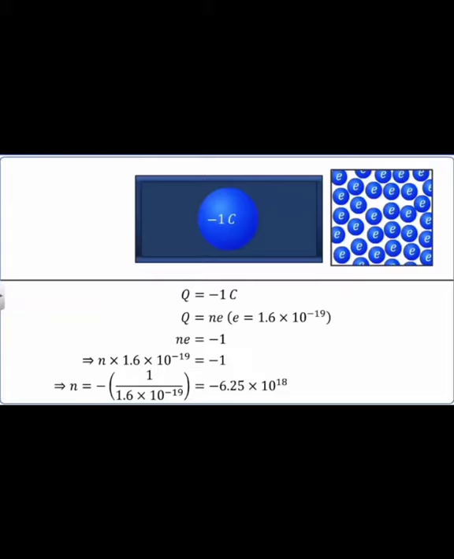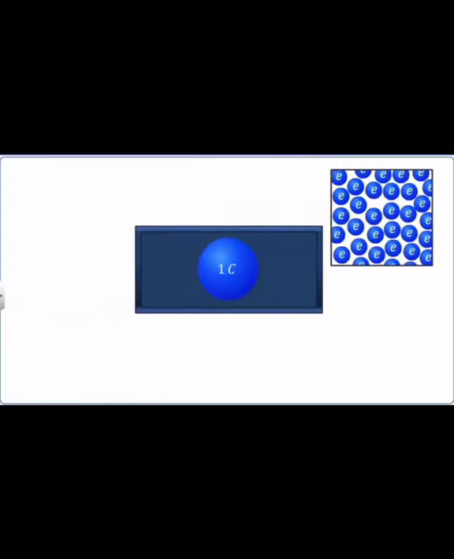So, we see that 1 Coulomb of negative charge contains 6.25 × 10^18 electrons, which is a very large number of electrons. In the practical examples we have seen for charging a body, we deal with bodies possessing a charge of about a few microcoulomb.